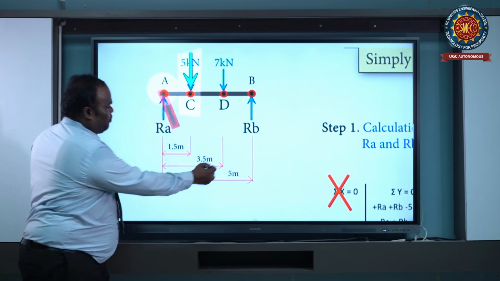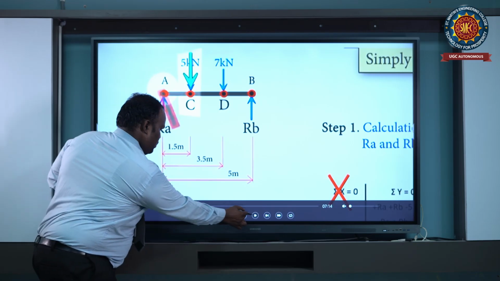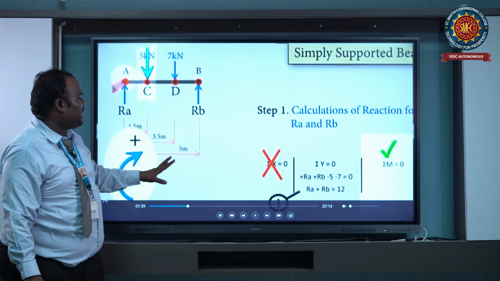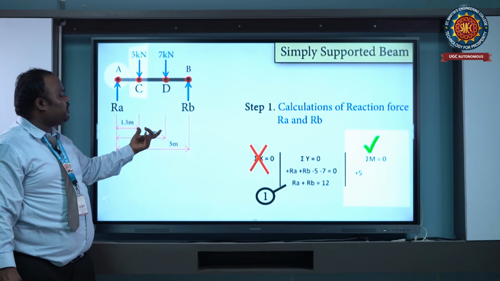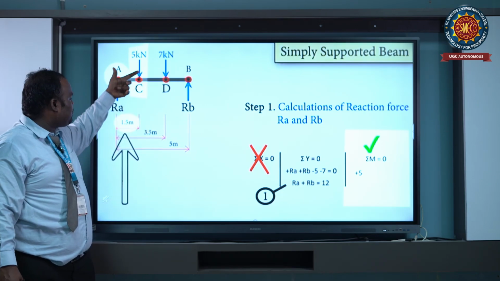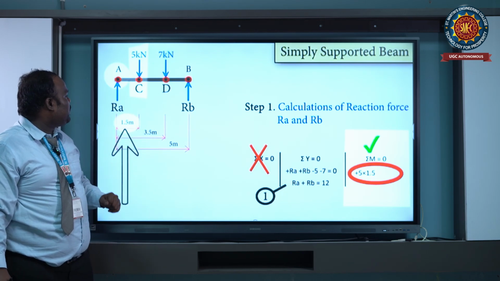Then finally we get RB into 5 equals 7 into 3.5 plus 5 into 1.5.